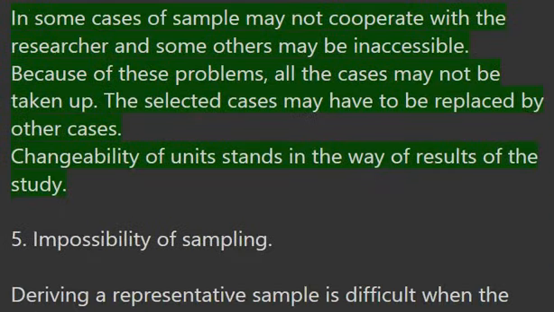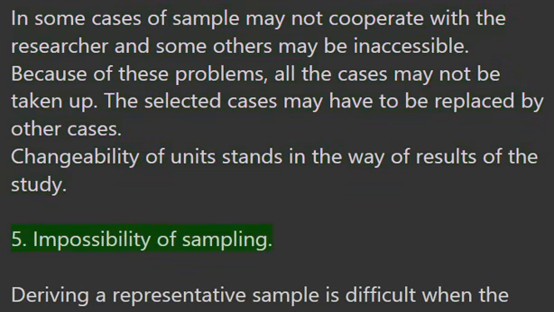In some cases, the sample may not cooperate with the researcher and some others may be inaccessible. Because of these problems, all the cases may not be taken up. The selected cases may have to be replaced by other cases. Changeability of units stands in the way of the results of the study.